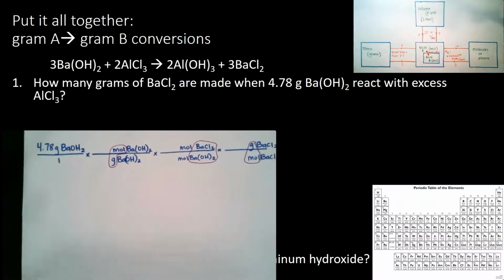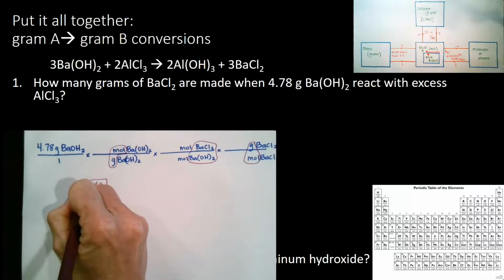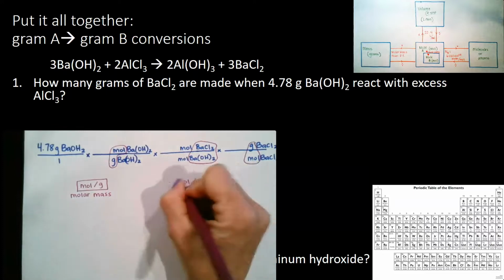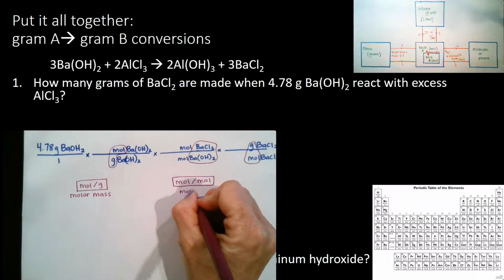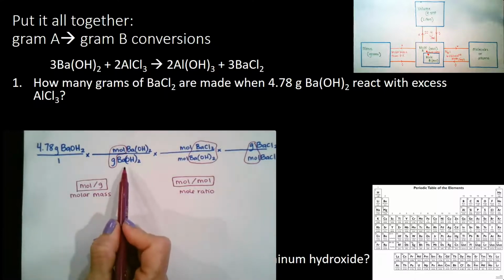The next thing we need to know is that when we have moles and grams in a fraction, we need molar mass. And when we have moles and moles in a fraction, we will use the mole ratio. So first up, moles and grams in the fraction, I need the molar mass of Ba(OH)2.